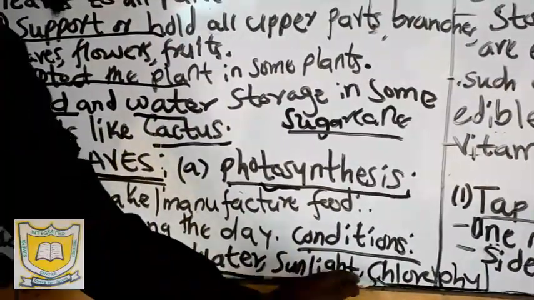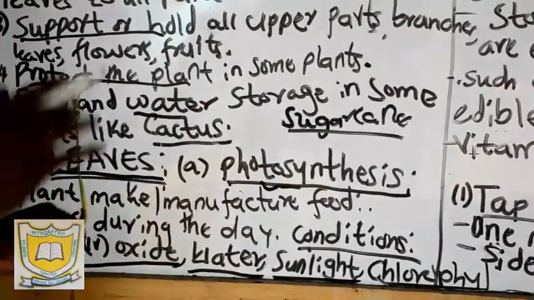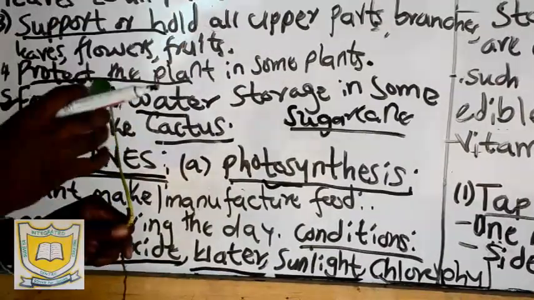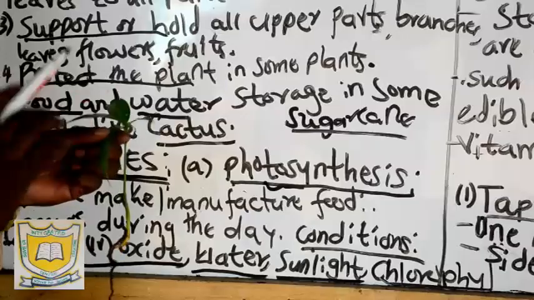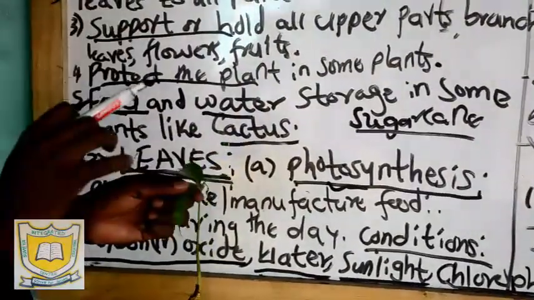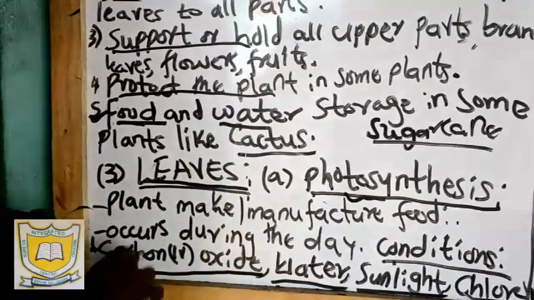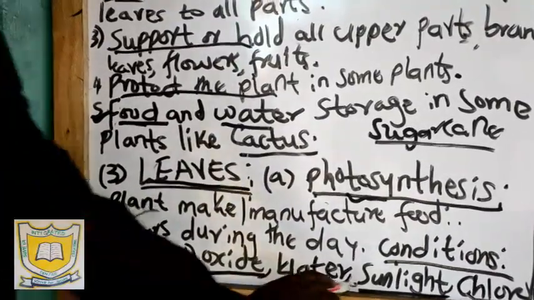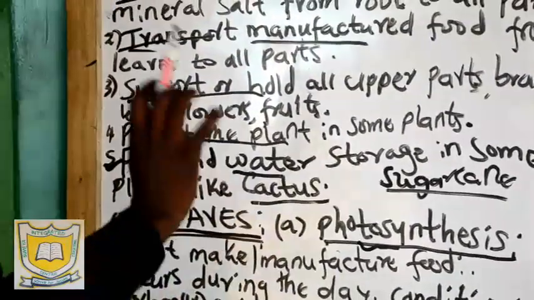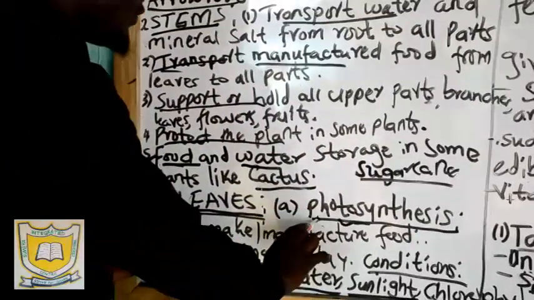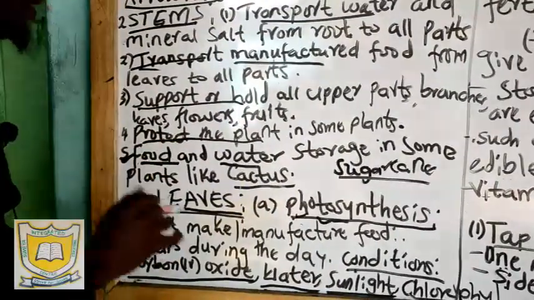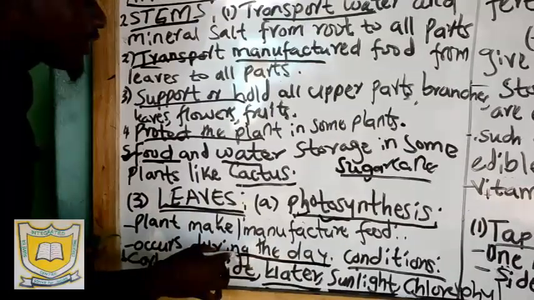Now sunlight and chlorophyll are closely related, because we can have sunlight but we may lack chlorophyll. If we lack chlorophyll, it means the plant will not trap the light, hence there will be no photosynthesis. Now we may have carbon dioxide and water, but if we lack sunlight and chlorophyll, there is no photosynthesis. That's why we say photosynthesis occurs during the day.